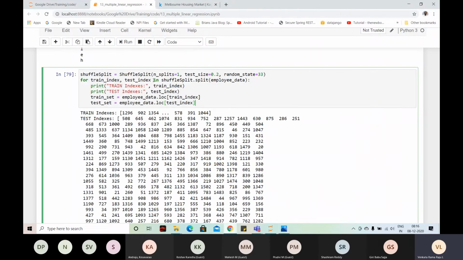Generally, random sampling works. If you do shuffle split, it is just shuffling the data and taking 20%. So most probably you will not get Banjara Hills, Jubilee Hills data. You will get some data from Miyapur, some from Chandanagar, some from LB Nagar, like that. So this is the random sampling technique.